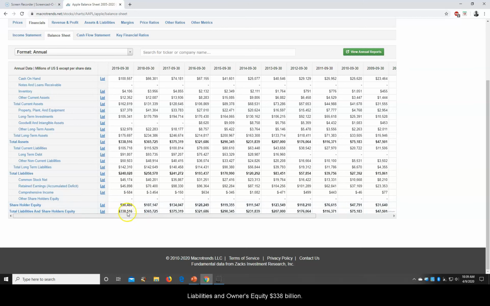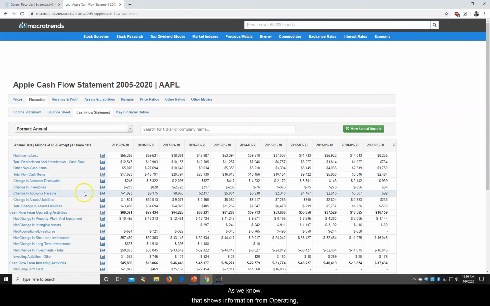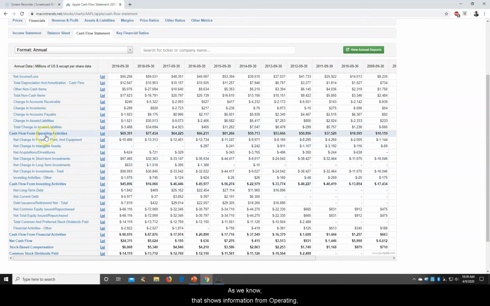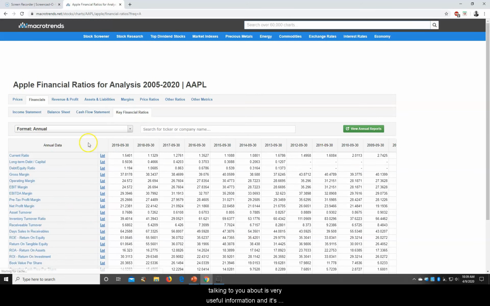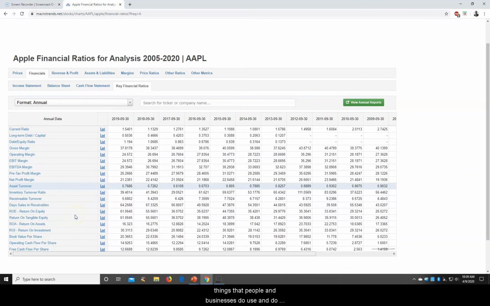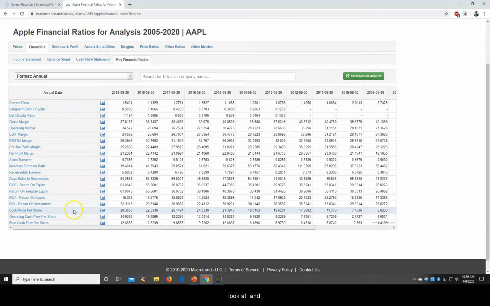Liabilities and owner's equity, 338. Cash flow statement, same thing. And as we know, that shows information from operating, investing, and financing. So, all the information we're talking to you about is very useful information, and it's things that people in business do use and do look at. There's the information right there.